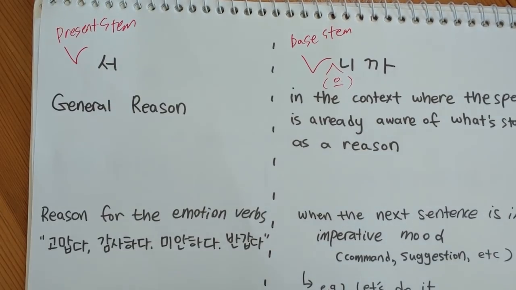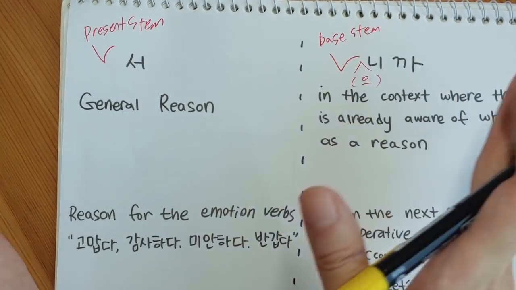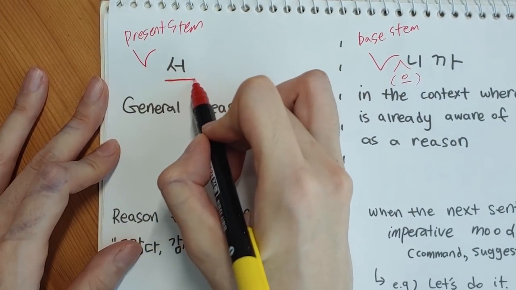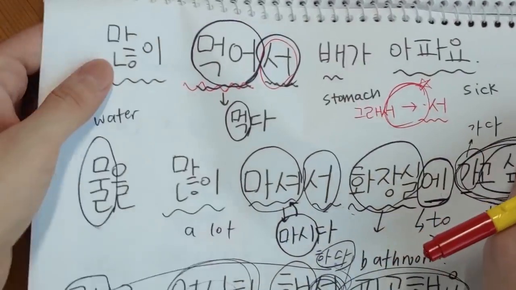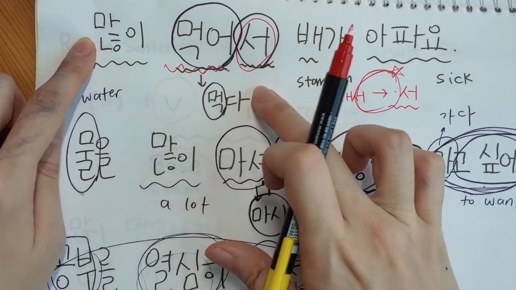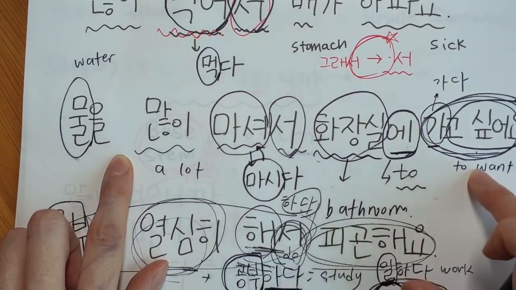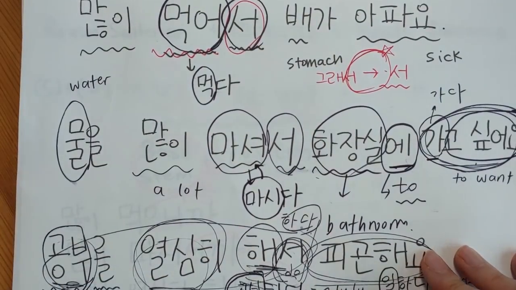So when you are talking about a certain reason in general, in a plain sentence, using 서 sounds more natural than 니까. So in the sentences that we just did, I ate a lot, so my stomach hurts, and I drank a lot of water, so I want to go to the bathroom, and I studied hard, so I feel tired.